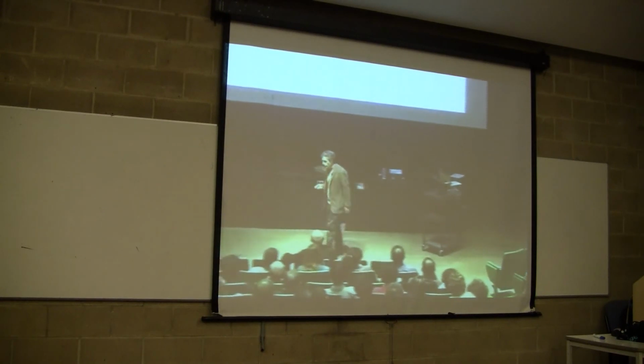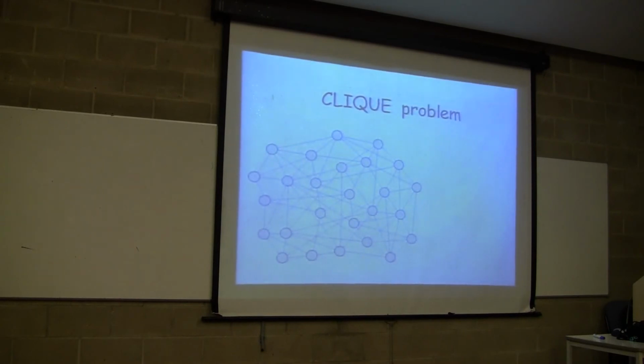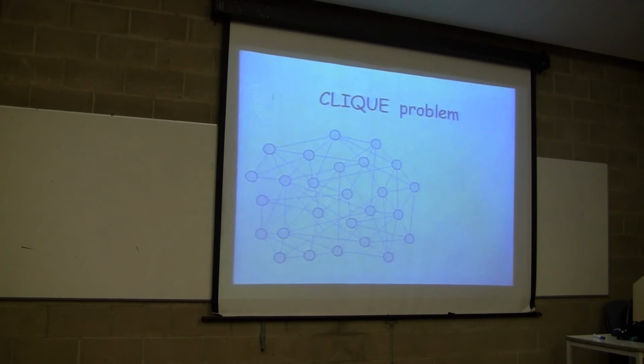But let's turn to another example. Here's an example I call the clique problem. So given a network here of nodes, and nodes are little circles and lines, which might represent something else. Say, for example, the nodes might represent the members of the math department at MIT.